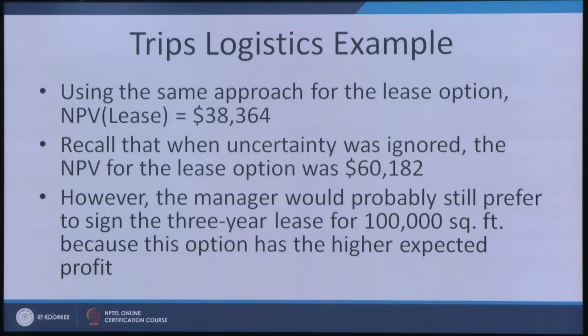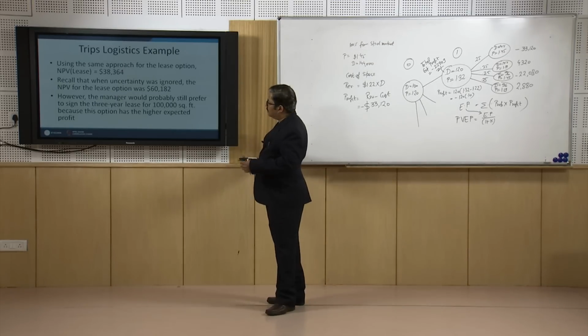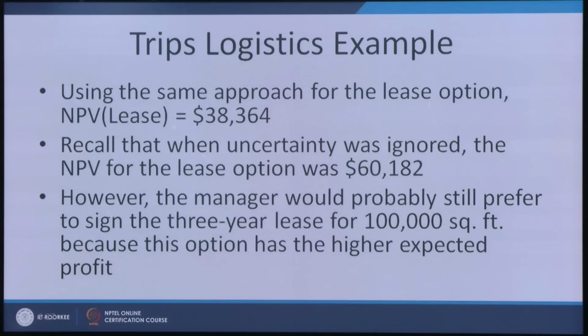So that is the total profit which I am going to get in case of lease arrangement if I do a lease agreement for 100,000 units initially.